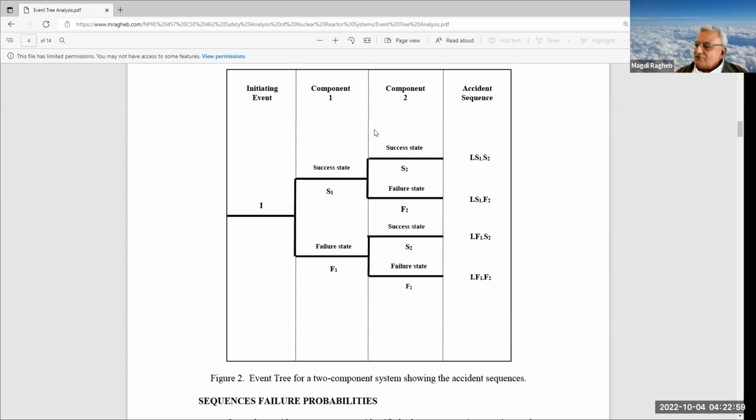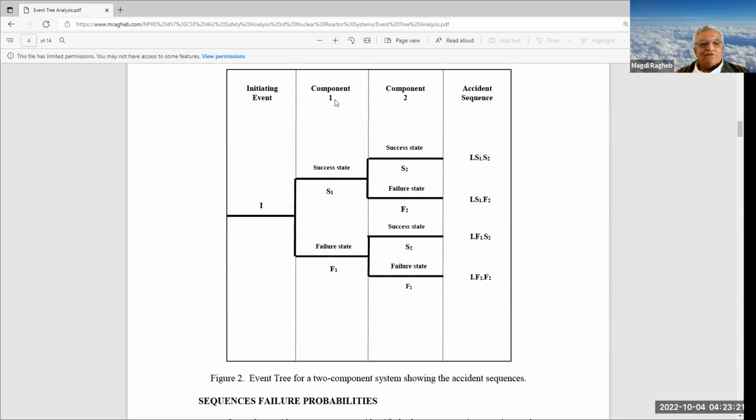It can apply also to social systems, like the field of economics, like a stock market crash, or the stock market going to a maximum, or similar situations. But for each component, we assign a success state where it succeeds, or a failure state where it fails.